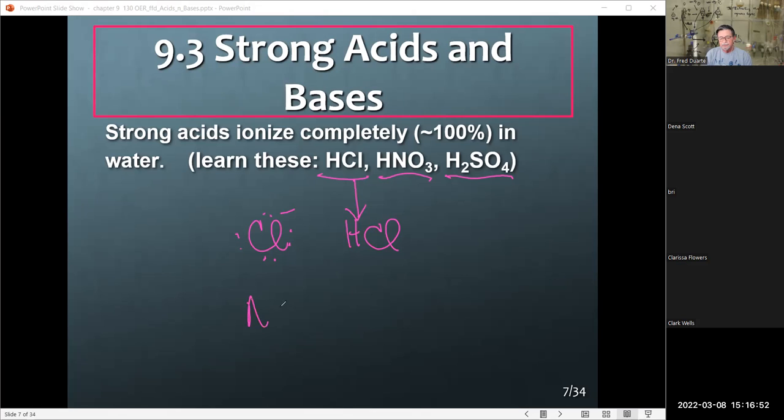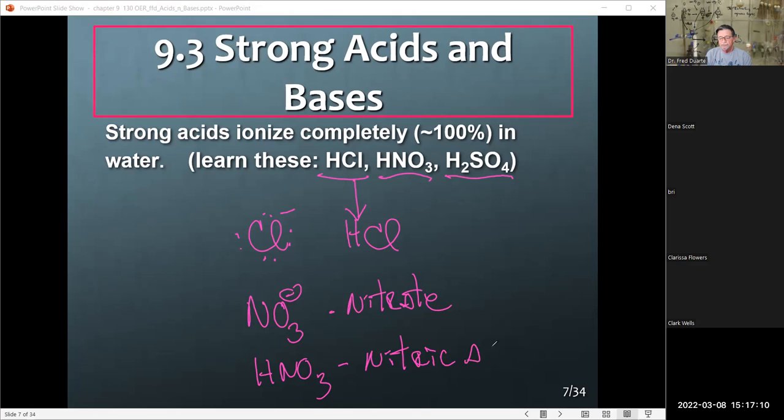Now, does this look familiar from the polyatomic ions? Yeah, that is the nitrate ion, nitrate. It came from HNO3, which is called nitric acid. Nitric acid was reacted with the base, okay? And the salt that was formed is the nitrate.